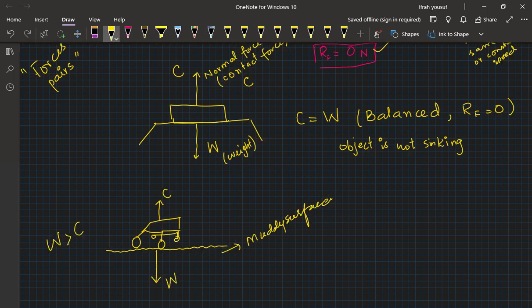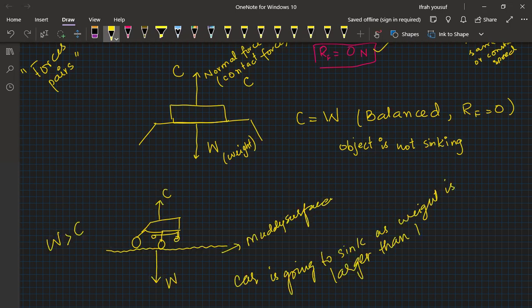And the car is going to sink, as the weight is larger than the contact force, right?